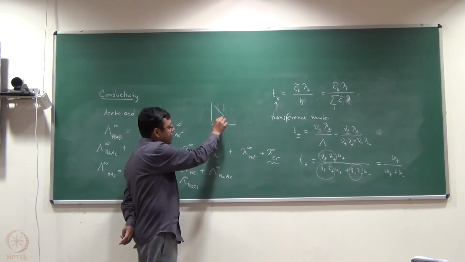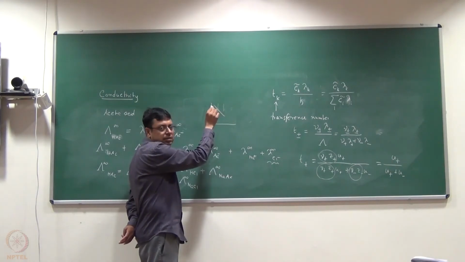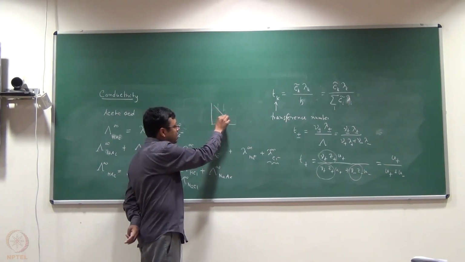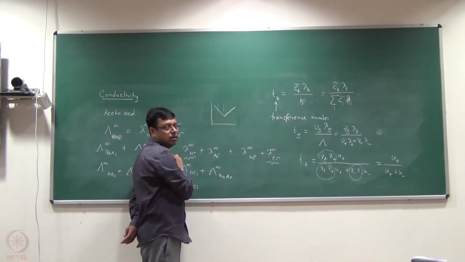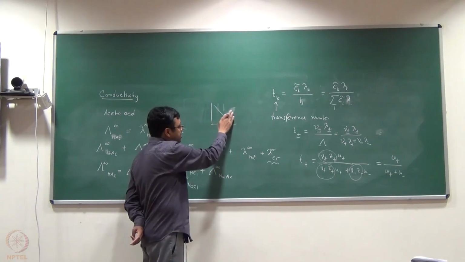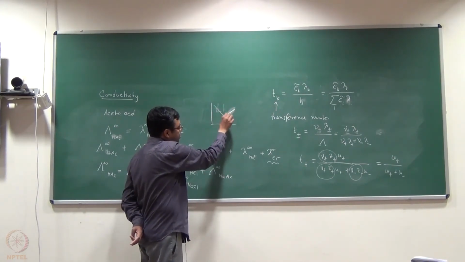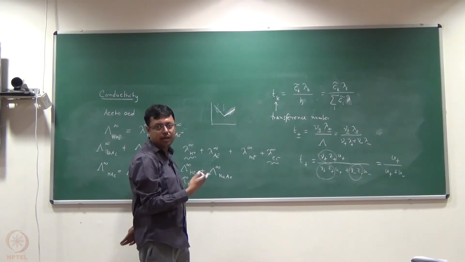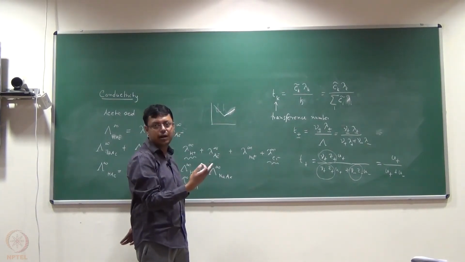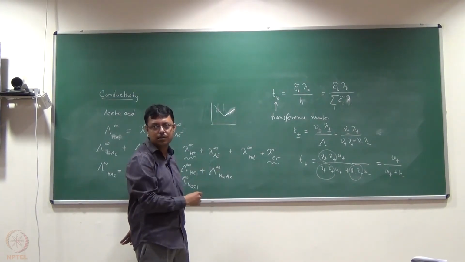And then it will drop, and then if you add excess, the acid will basically become the conductor. And of course the slopes can be different because the contribution by the anions is different from the cations, because OH minus and H plus mobilities are different.